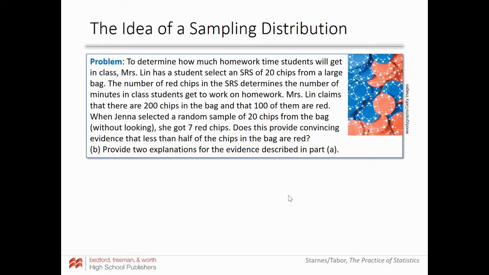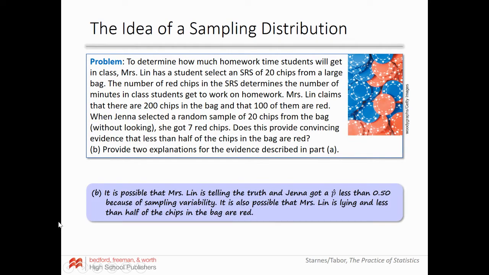And that is where the sampling distribution comes into play, because there are 2 possible explanations for what could happen with those 7 chips. Either it is possible that Miss Lin is telling the truth, and Jenna got a sample proportion less than 50% because of sampling variability. You just took this one sample and it just so happened that it was less than 50%, even though the actual split is 50-50.